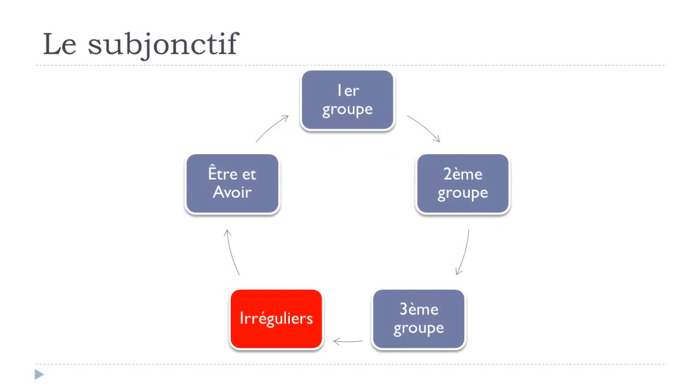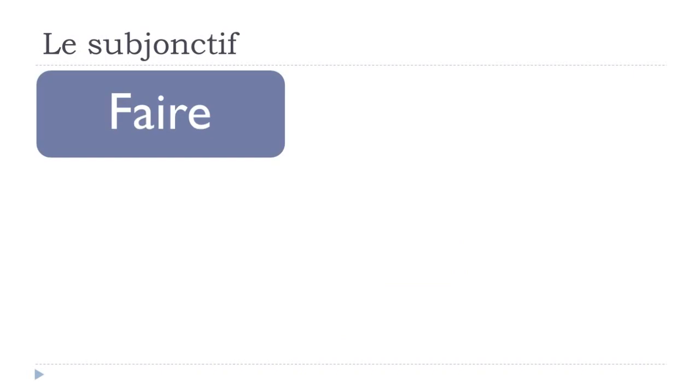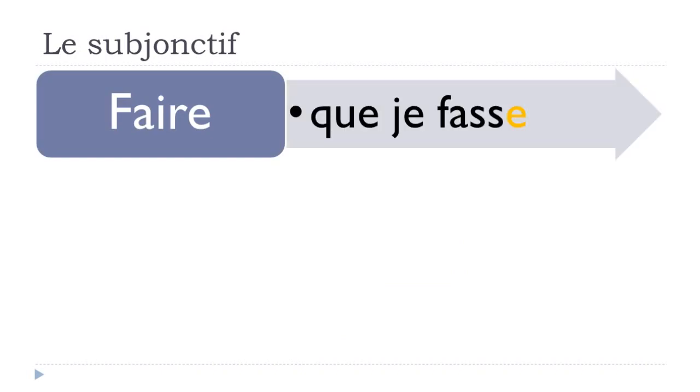Okay, but then of course we've got some irregular verbs because we're talking about the French language. So let's start now. The verb faire, to do, will become que je fasse. So it does mean that this first part will stay the same. You just need to change the endings. Que tu fasses, qu'il fasse, etc. All right.